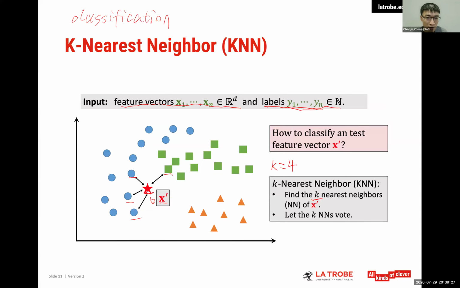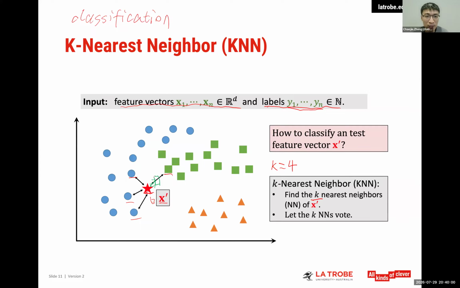Let's say for another example, maybe there is another green data point here, and now this would be the nearest one of the four nearest neighbors, and we don't want these four neighbors to have an equal vote.